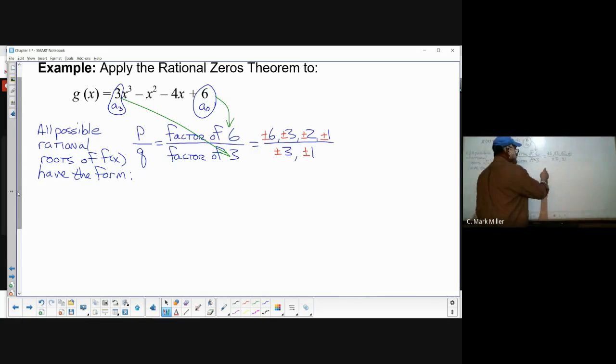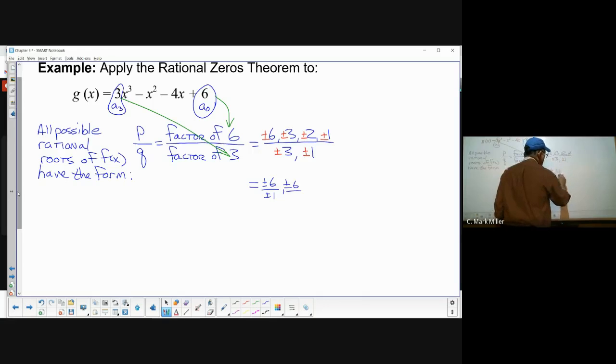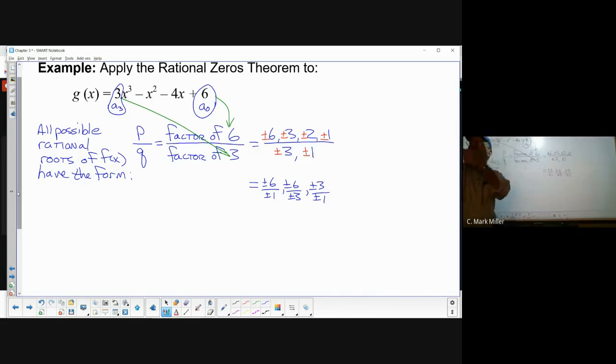So what are the factors here? I'm going to write this out one time. Plus or minus 6 divided by plus or minus 1. Plus or minus 6 divided by plus or minus 3. Plus or minus 3 divided by plus or minus 1. I'm putting everything over everything.